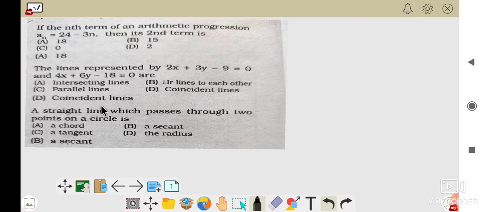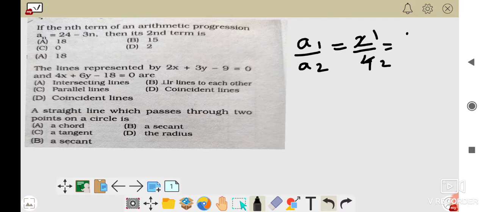You know here 2x plus 3y minus 9 is one equation and the second equation is given. Now a1 by a2, here 2 divided by 4, so this is equal to 2 1s are 2, 2 2s are 4, so the answer here we got is 1 by 2.